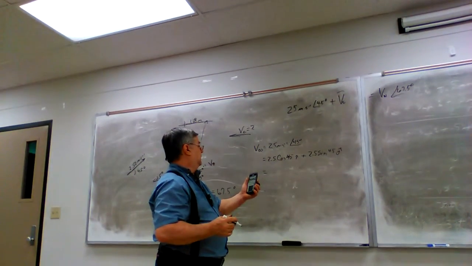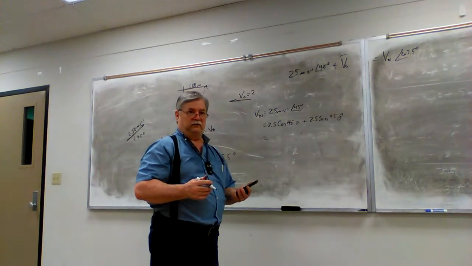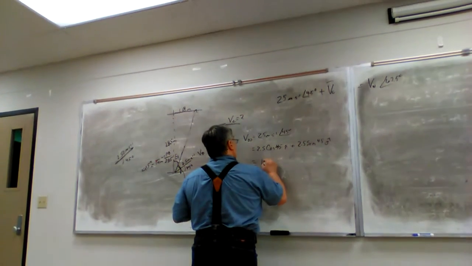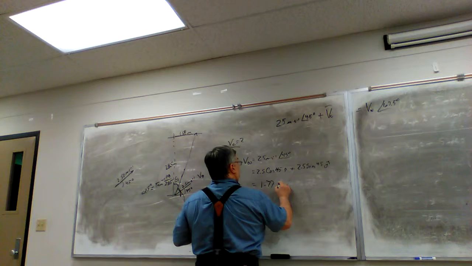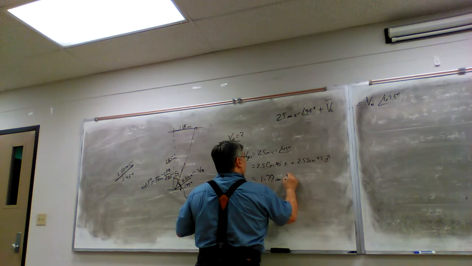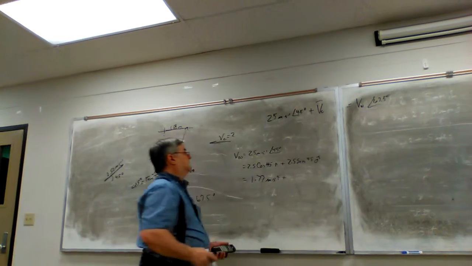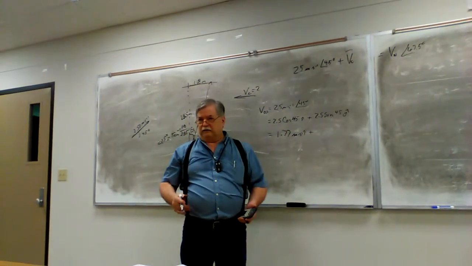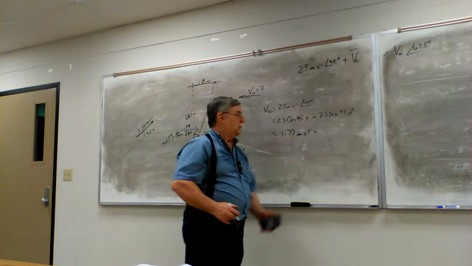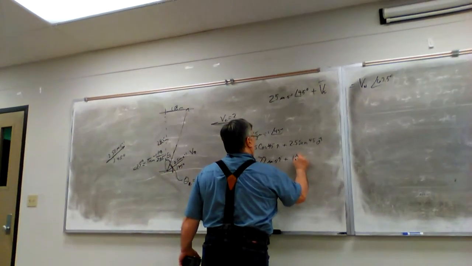You get 1.77 meters per second I plus, little known fact, at 45 degrees cosine and sine are the same, so this is going to be the same.